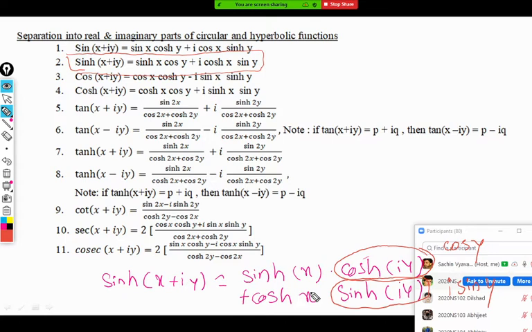So this result you can derive at any stage. No need to learn anything by heart. Only the first part you have to remember: sine of ix is i times sinh x, cos of ix is cosh x, and vice versa.